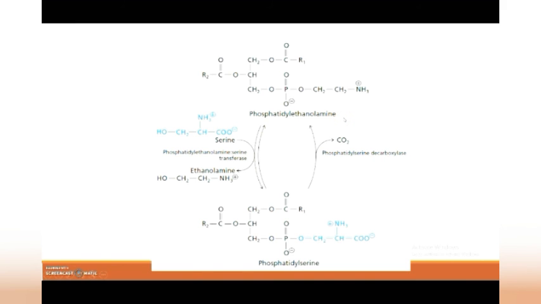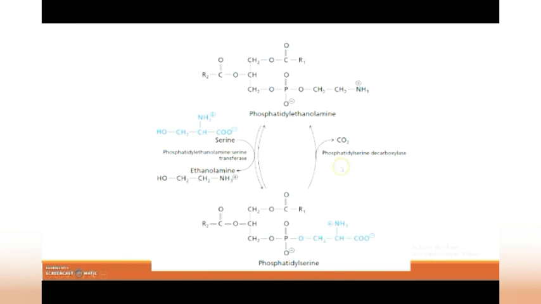The phosphatidylserine is formed from phosphatidylethanolamine, from the reaction that we learned before, by reacting with serine with the help of phosphatidylethanolamine serine transferase, and it will release the ethanolamine here to form phosphatidylserine.